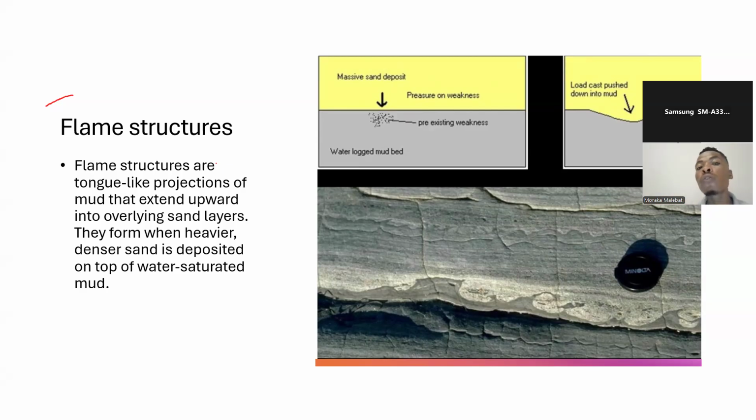Because of the weight of the overlying sand, it makes the mud protrude. This protrusion will form the flame structures. That's why they resemble a flame kind of feature, and that's why they're called flame structures. They're formed because of the weight of the overlying sand materials, forcing the less dense water-saturated mud to protrude.